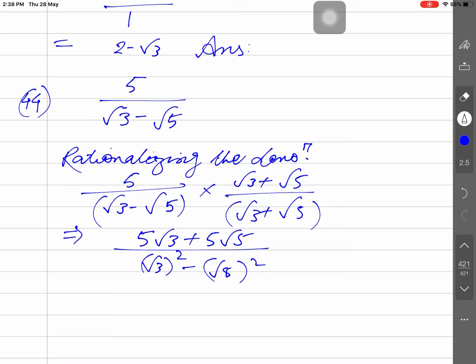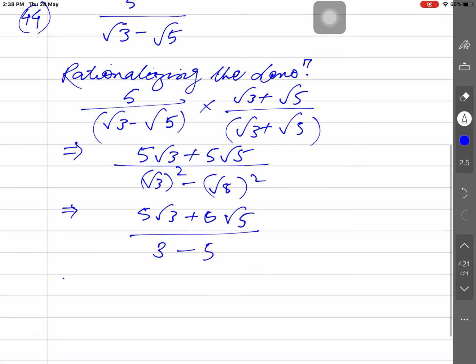Is that clear, guys? So what can be done here further is this, 5 root 3 plus 5 root 5, whole divided by 3 minus 5, that is minus 2.